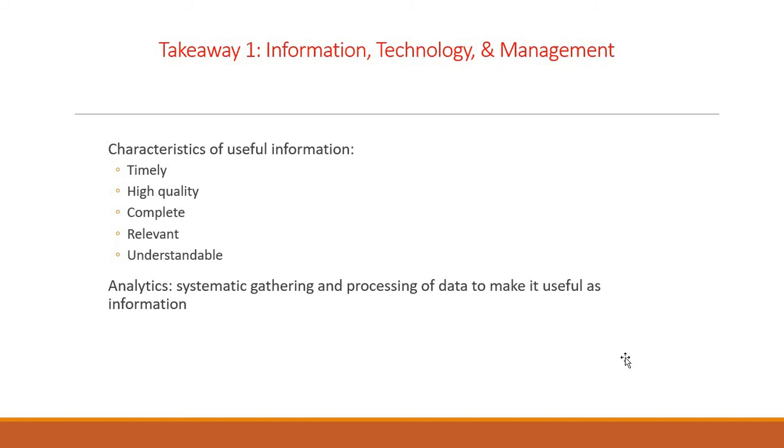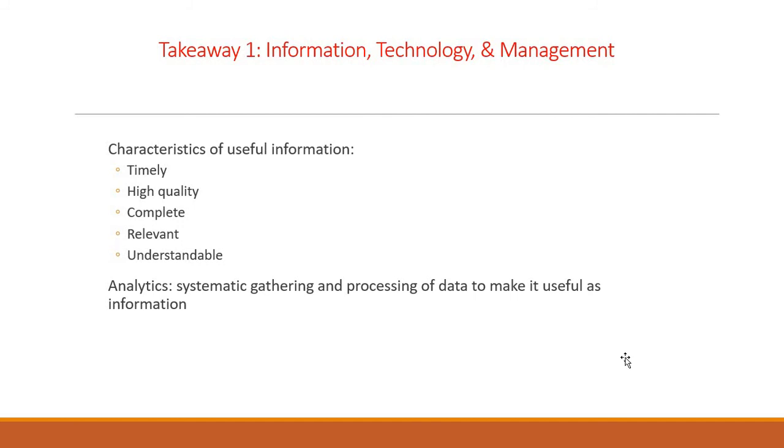Third is complete. When we say complete, the information is complete and sufficient for the task at hand. It is as current and as updated as possible, kung pwede. Fourth is relevant. The information should be appropriate for the task at hand. It is free from extraneous or irrelevant materials.